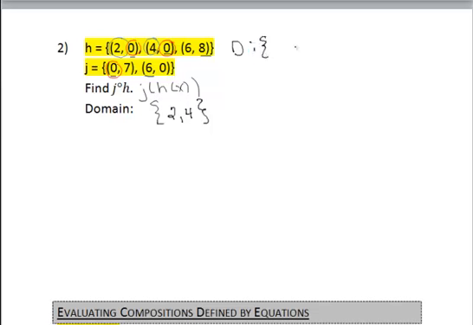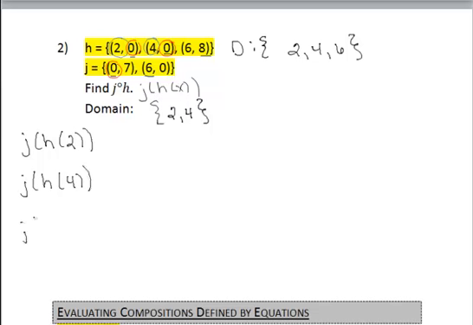The domain of this one is 2, 4, 6. Okay? So we want to find j of h of 2, j of h of 4, and j of h of 6. Now, if you know that the domain is just 2 and 4, you wouldn't even do this last line. This is just if you didn't know that.